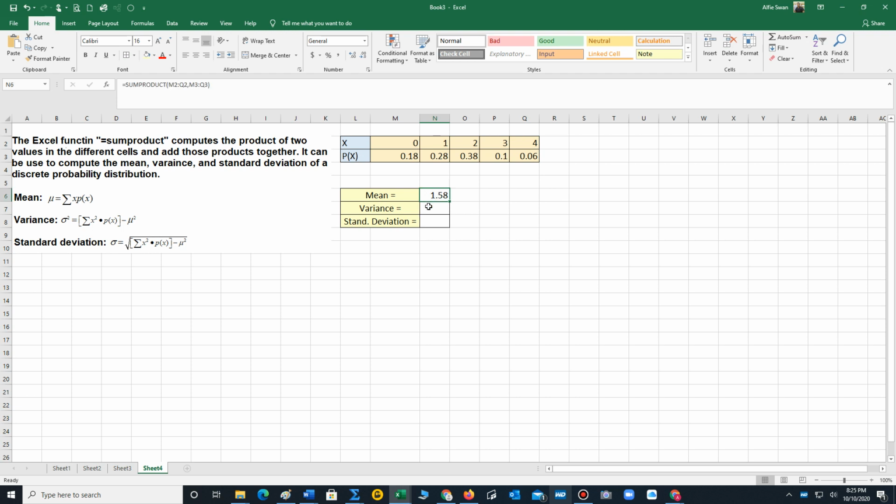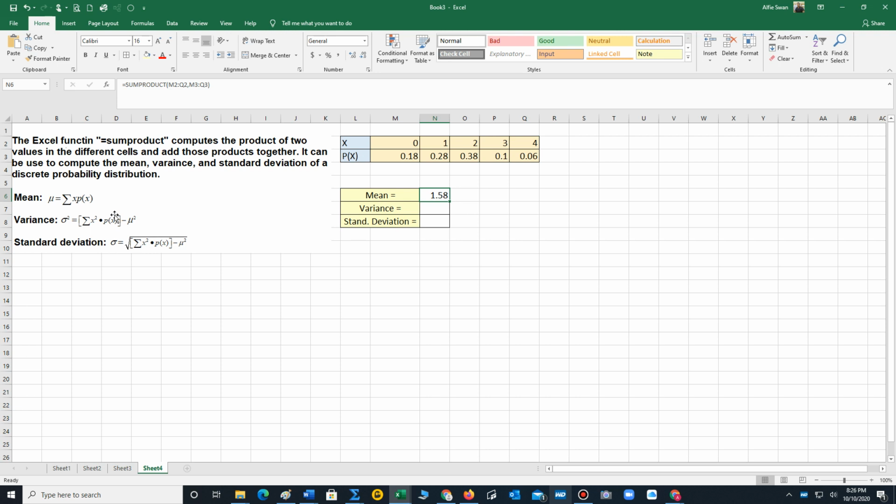We could also adjust the amount of decimal places we wish to display. In this case, I will leave it at 2 decimal places. To compute the variance, we have to multiply the square of each outcome with the corresponding probability.